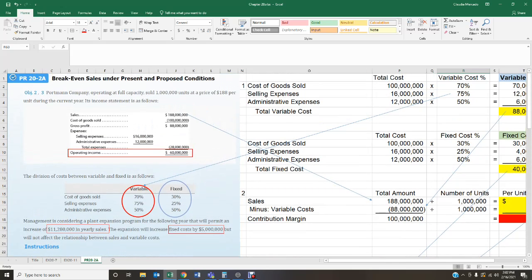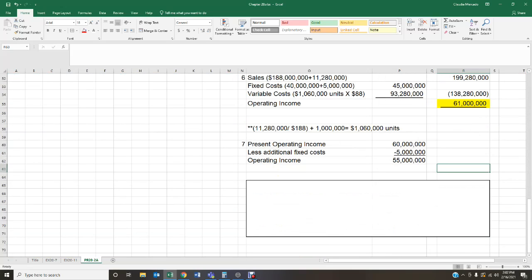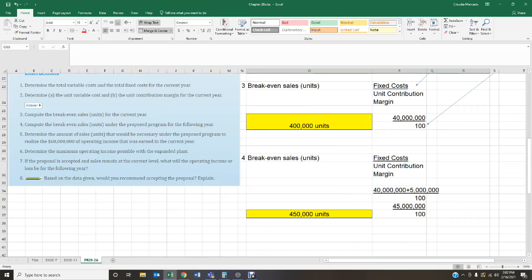Right now you're making 60 million. Do you want to go through the additional expenses to potentially earn that $1 million? And are we going to be able to produce or sell those extra units that we're manufacturing? Now the last and final part says, based on the data given, would you recommend accepting the proposal?